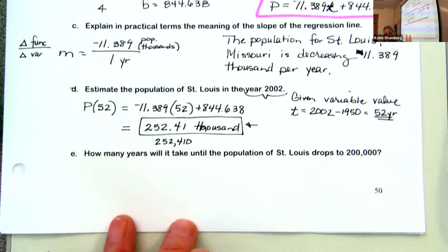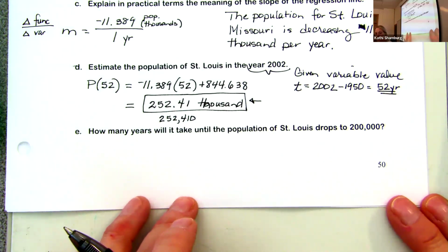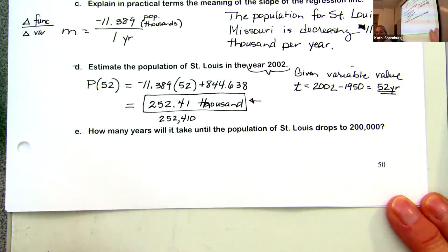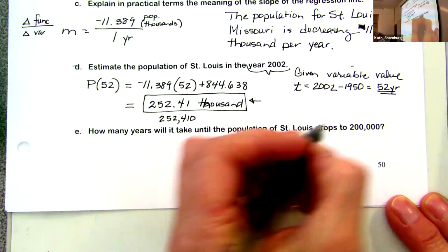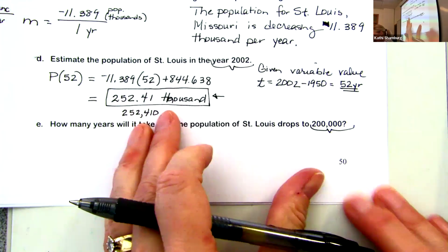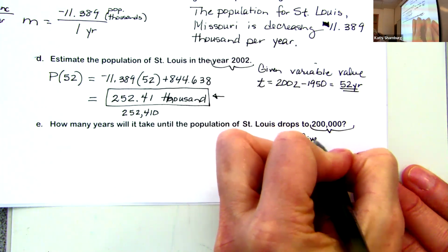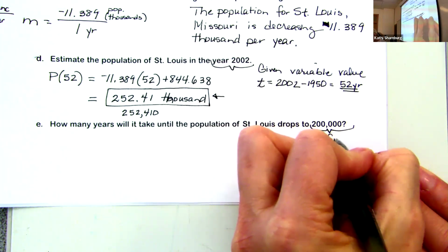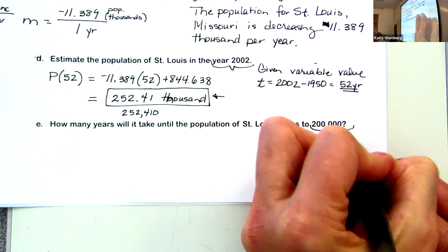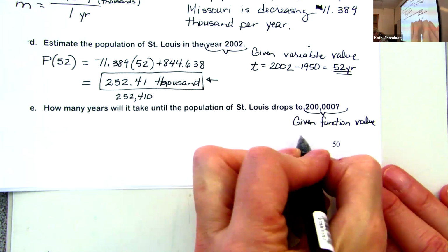on part E. All right, how many years will it take the population of St. Louis to drop to 200,000? All right, what's given? Okay, so we're given function value. All right, now here's where you're going to need to be careful.